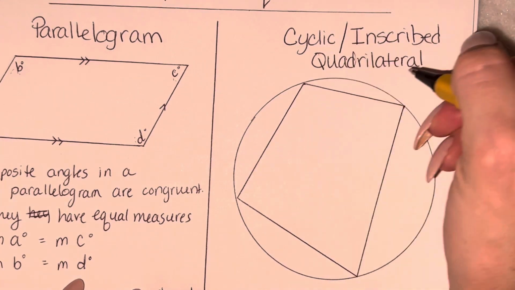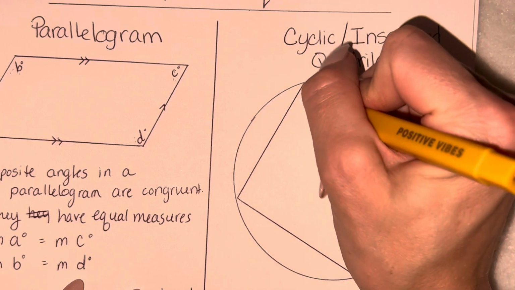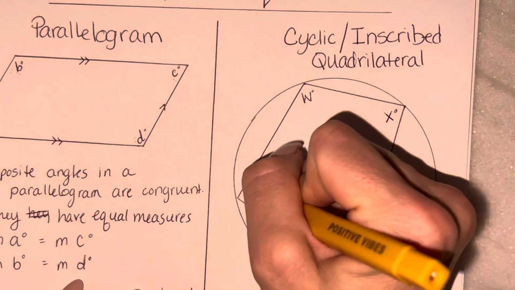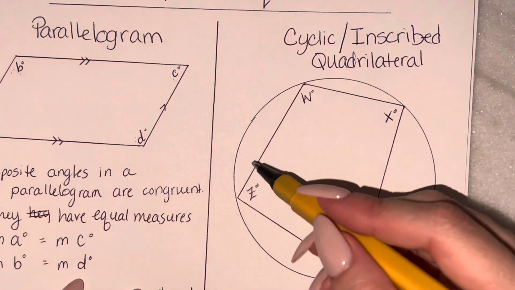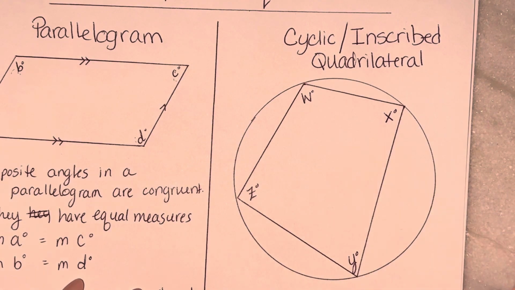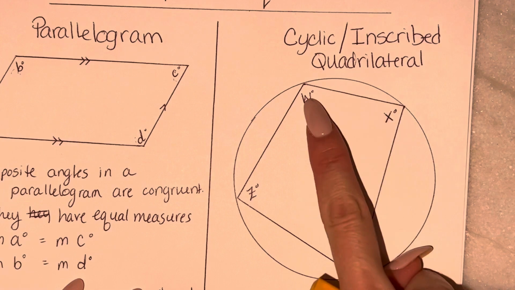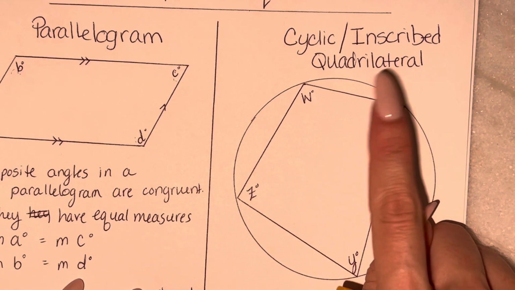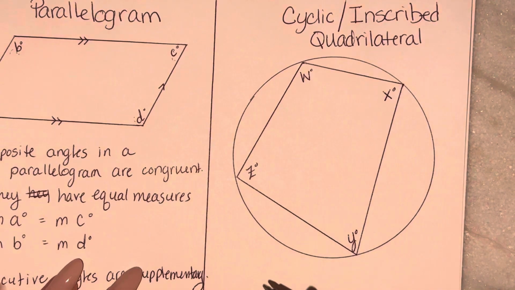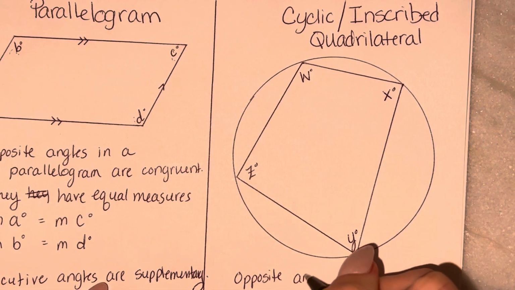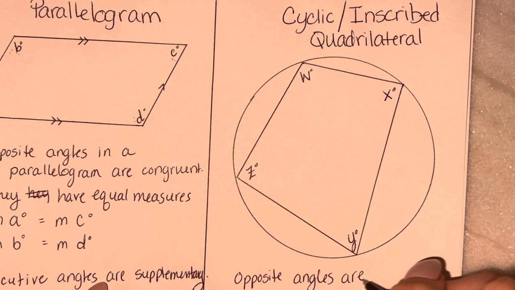This will be, let's say, W, X, Y, and Z. So the only property that we can say for sure about a cyclic quadrilateral, we can't actually say anything about the angles that are consecutive. There's no rule for them when they're inside of a circle. But what there is a rule for is the opposite angles, and the rule is that opposite angles are supplementary.